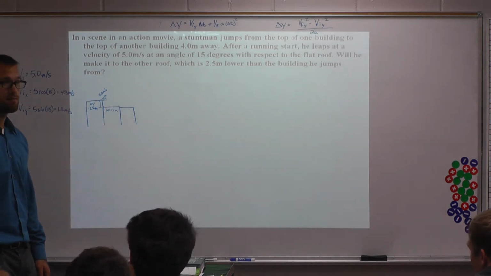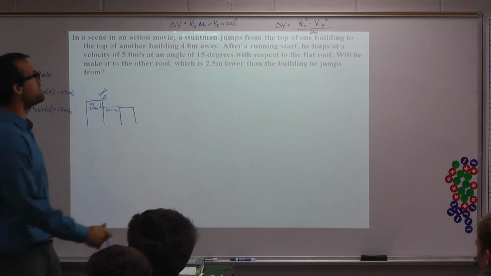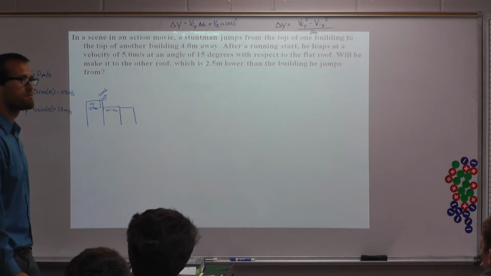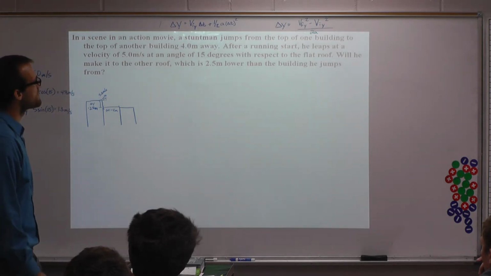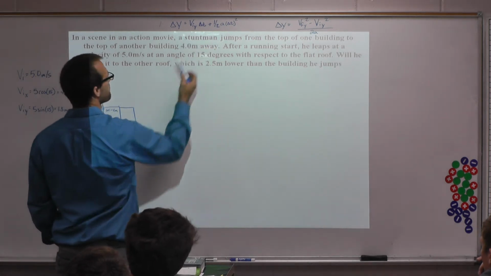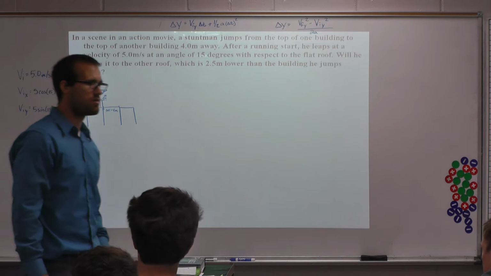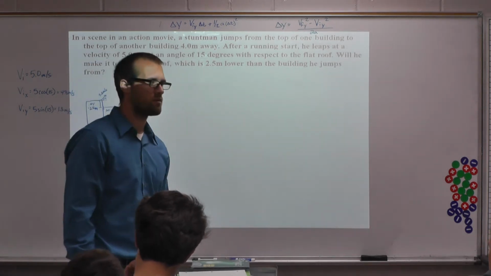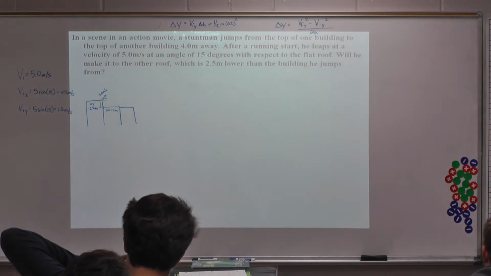Why would you want to know the time? Because I have to use the time to find the change in y. Couldn't you just plug in the change in y, using one of the older versions, like change in x equals root 2y over a times vx?